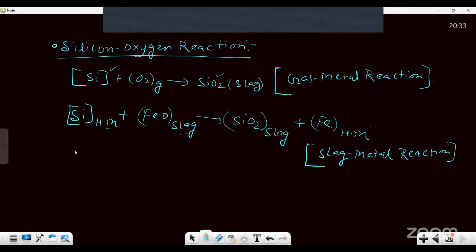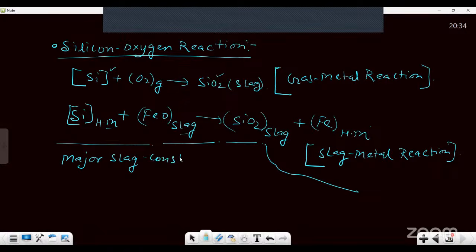But apart from silicon, our slag will also have some of the major constituents. Let us see, what are the major constituents of slag apart from silica? Apart from silica, the slag will have a substantial amount of FeO.